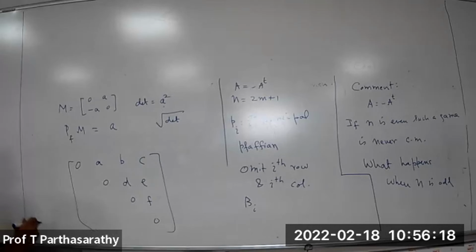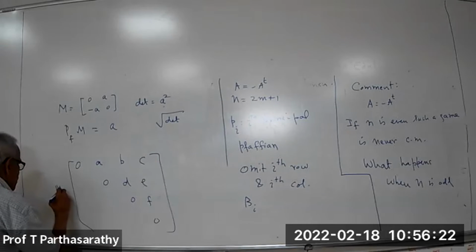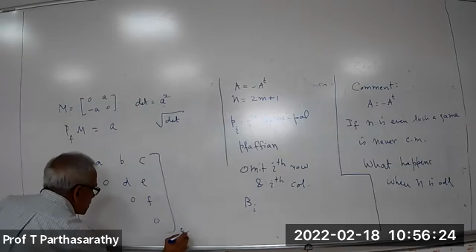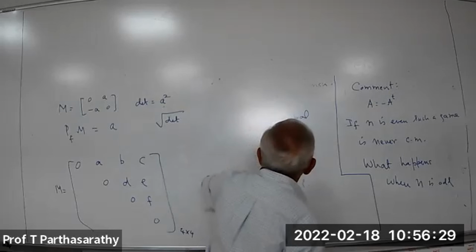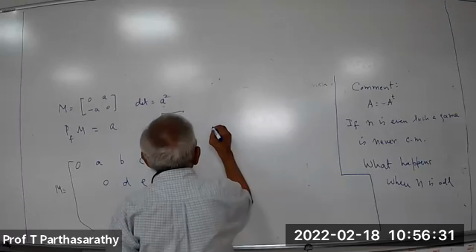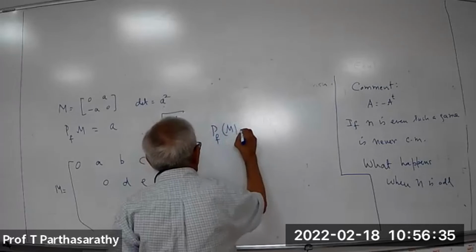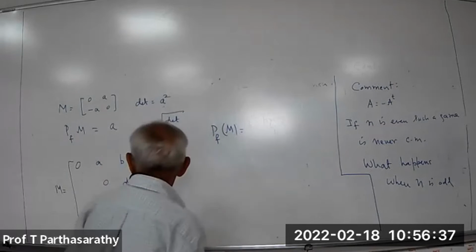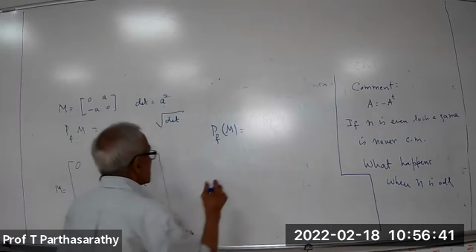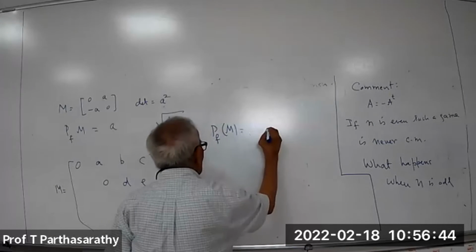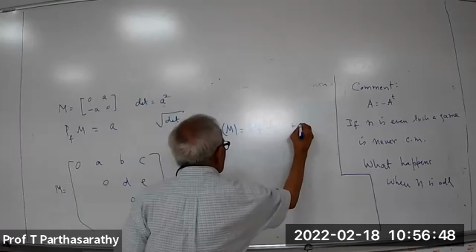All right, what is the Pfaffian of this 4 by 4 matrix M? The Pfaffian of M is AF minus BE plus CD.